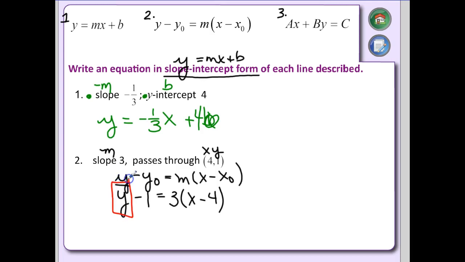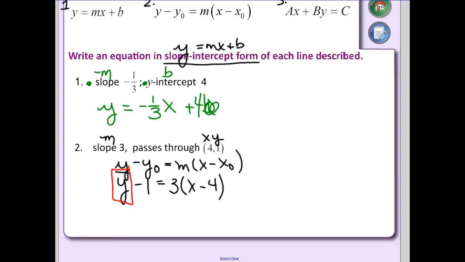In order for me to do that, what should we do first? What does order of operations say that we need to do first? Yes, we need to take care of our distributive property. So we got y minus 1 equals, 3 times x is 3x, and 3 times negative 4 is negative 12. Now, do we have y alone yet? Not exactly.